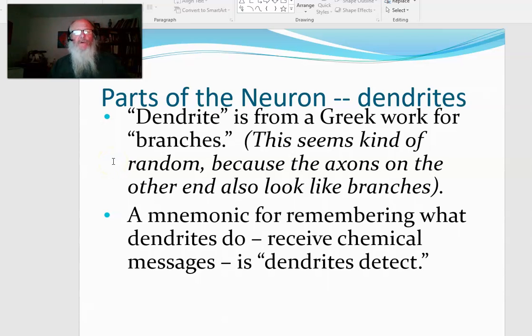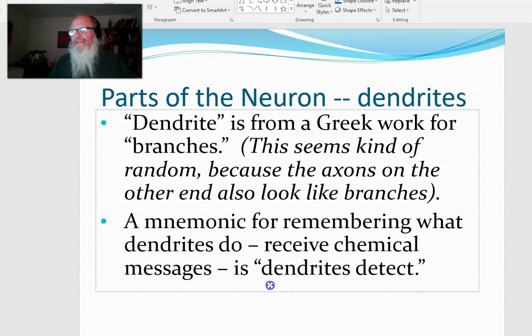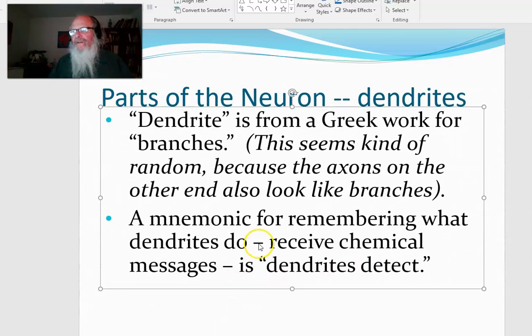If you want a mnemonic, what is a mnemonic? A mnemonic is a short phrase that you can remember easily that helps you identify a deeper point. Dendrites detect. What the dendrites do is receive the message in the form of the chemical keys, the neurotransmitters, and that message is going to be either turn on or stay off.